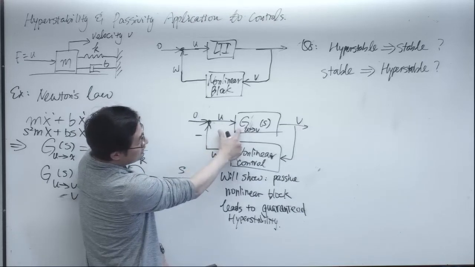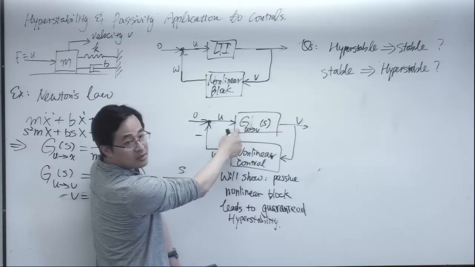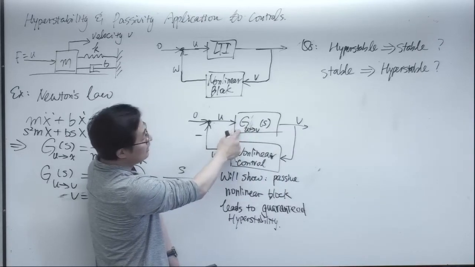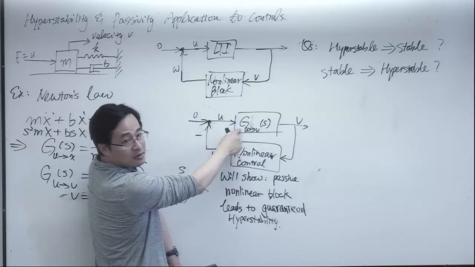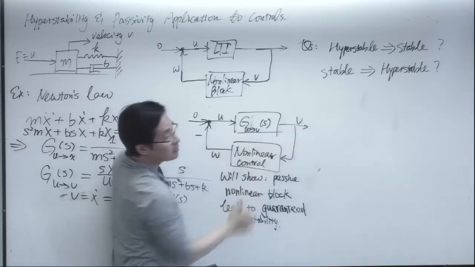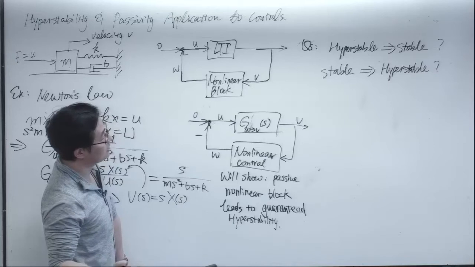And because this LTI block, if you think about it, is a passive system itself, it doesn't generate energy. Then if you supply finite energy to a system that doesn't generate energy itself, then the output will be bounded. It's going to become a hyperstable system.